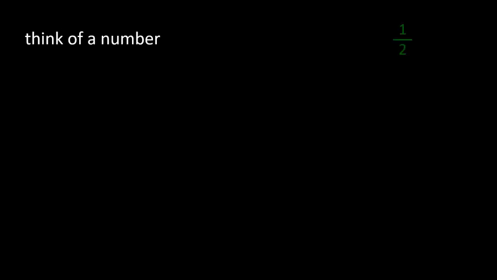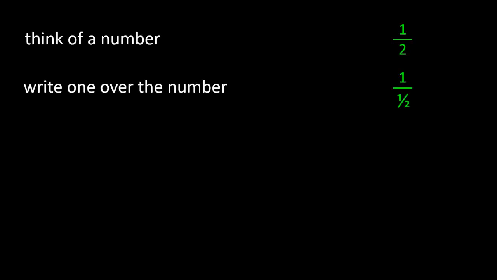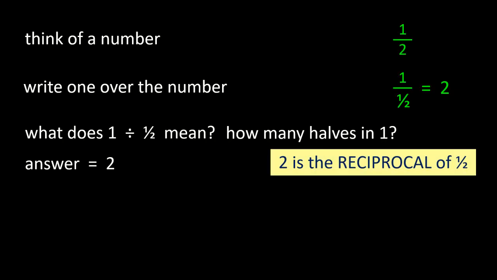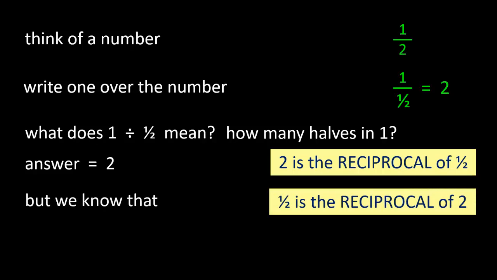Now, what about a half? What if we write 1 over a half? Well, what that actually means is how many halves in 1? Well, how many halves in 1 is 2. So actually 1 divided by a half is 2. So that means that 2 is the reciprocal of a half. Now we earlier found out that half was the reciprocal of 2.